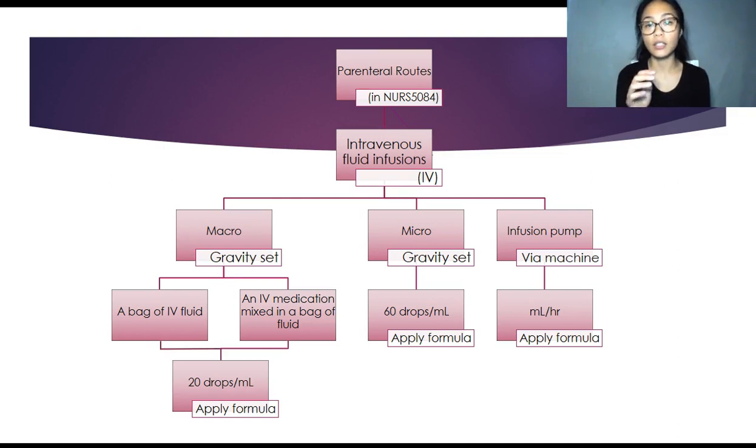So it requires the nurse to regulate the flow rate, how fast or slow the fluid will be administered, manually. So we're using a nurse's watch. We're carefully watching the drops per minute, the rate of infusion. Again, this is as opposed to an infusion pump, which uses a machine to regulate that infusion.